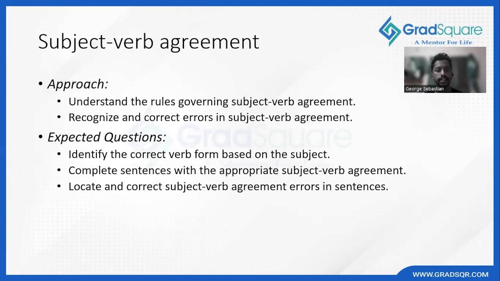And another major area where we have to focus is the area of subject verb agreement. So generally, we will have to understand the general rule about subject verb agreement and also different types of situations where we use subject verb agreement, right? So we need to identify how a sentence is formed and in what all situations we use the verb according to the subject in a given sentence.